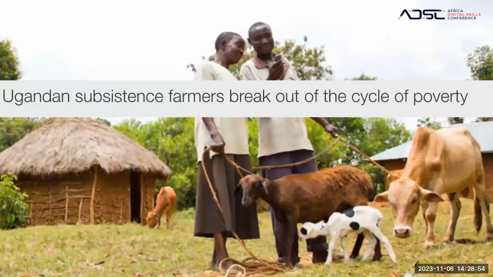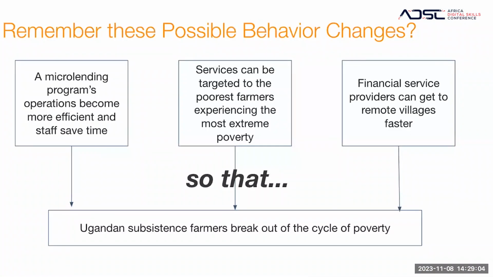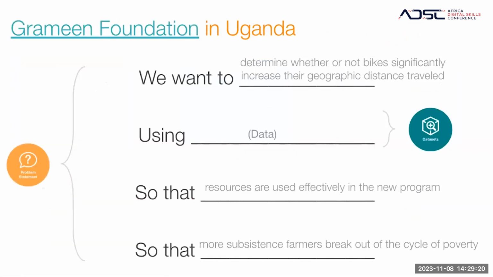So let's go back to our examples, starting with our financial inclusion organization that wants to help Ugandan farmers break out of poverty. We came up with 3 sample possible behavior changes that the social actors and subject matter experts agree will lead to the desired impact. So let's look at some sample data science projects for each of them, all of which are references to projects that DataKind has done.